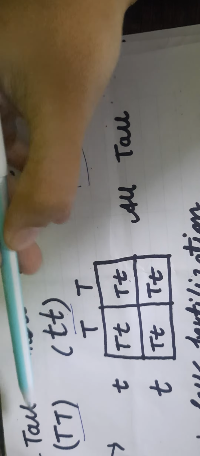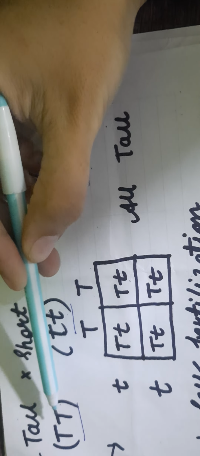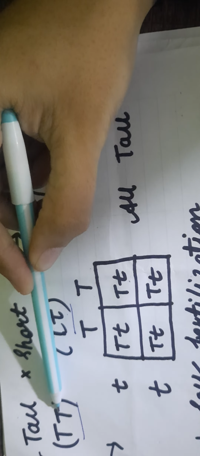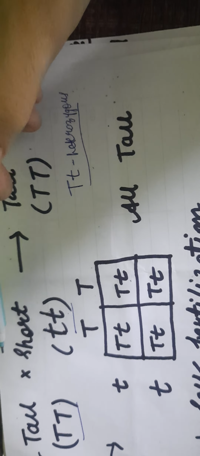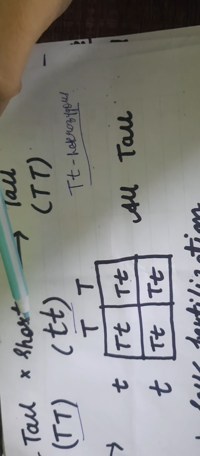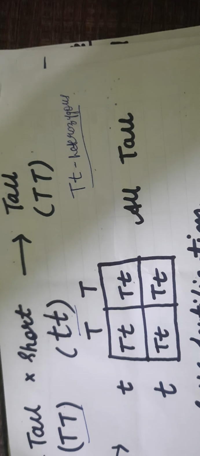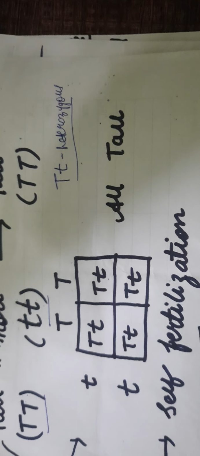So whenever the plant is homozygous with capital T, then the plant will be tall. And when it is homozygous for two small t, then the plant will be short. Now what about when we have capital T and small t? Then also the plant will be tall.